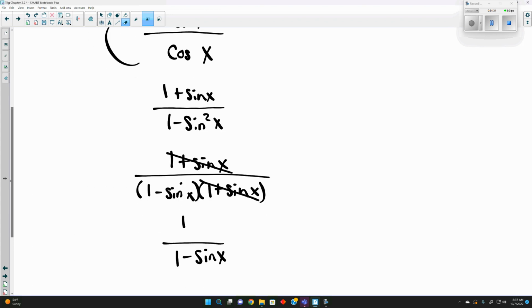If any of y'all need an eraser, I have some. Anybody need one? Okay.